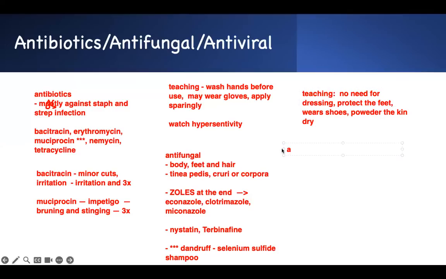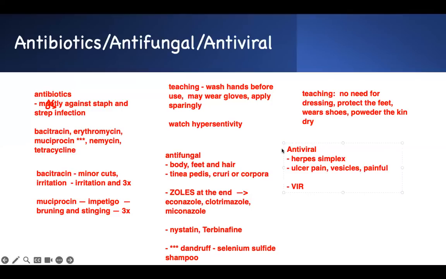Antiviral. This is recognition. They're not going to ask you too many questions. They're used for herpes simplex, where you have ulcers in the genitalia or vesicles, painful. They are very painful. And the way to recognize them is VIR.